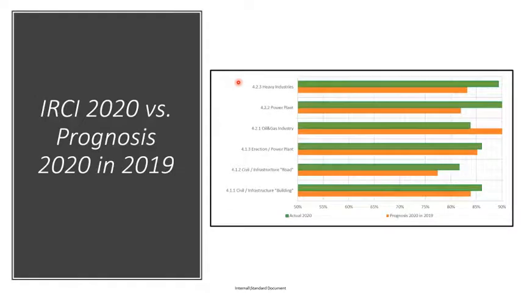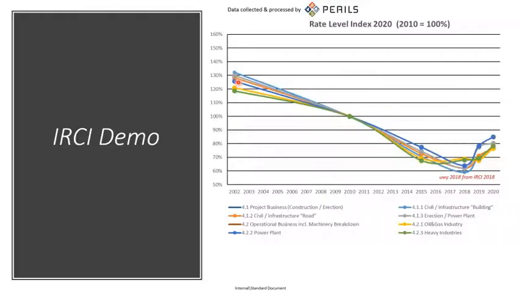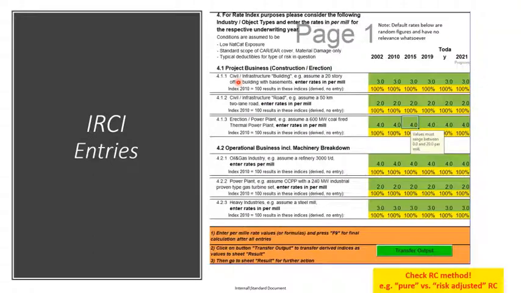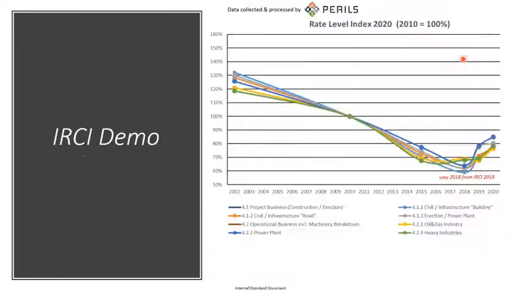We also ask in the survey for the prognosis, but the prognosis we are not allowed to publish. We can only publish the prognosis a year later, comparing with the same year.